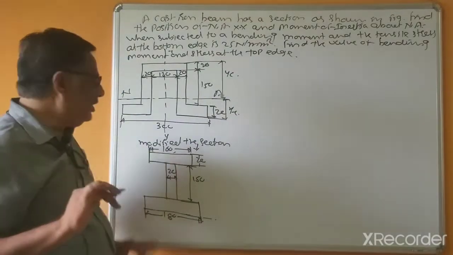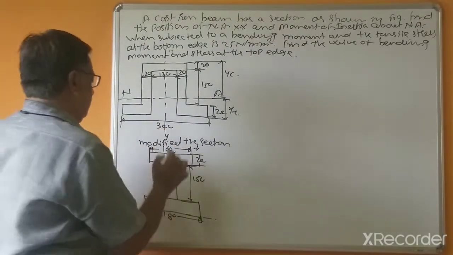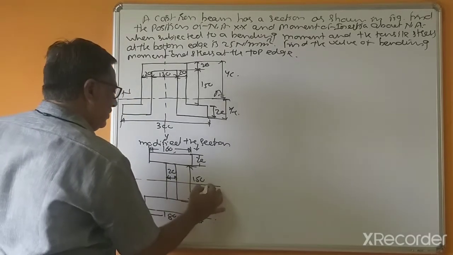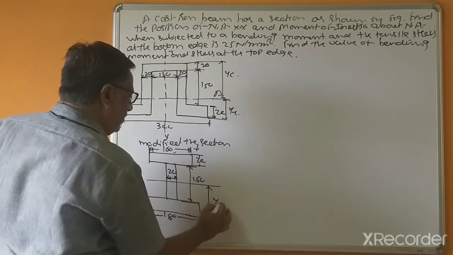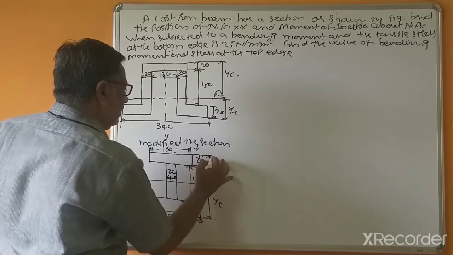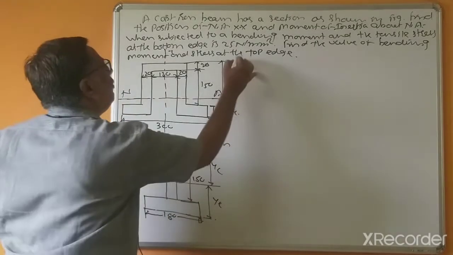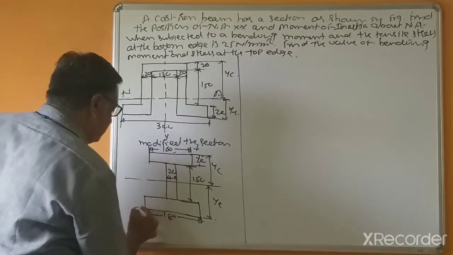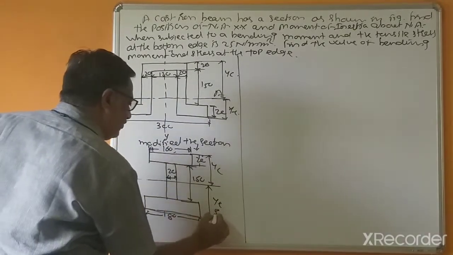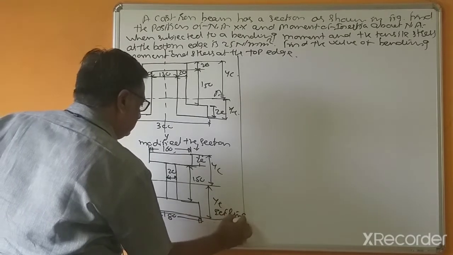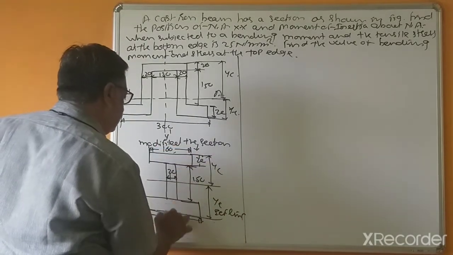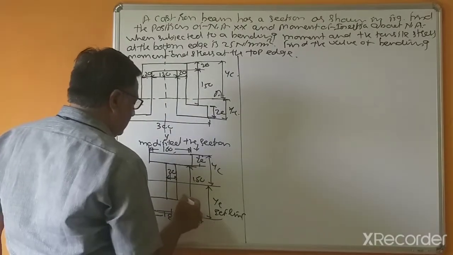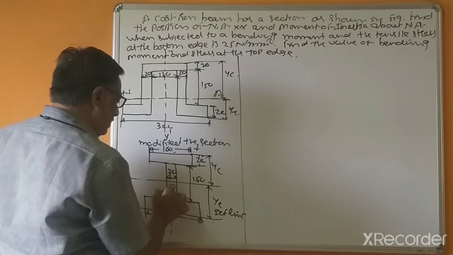So this is an unequal I section. So this is YT and this is YC. So YC is slightly greater than YT, and suppose this is the reference line. Now this is symmetrical about Y axis and unsymmetrical about X axis.